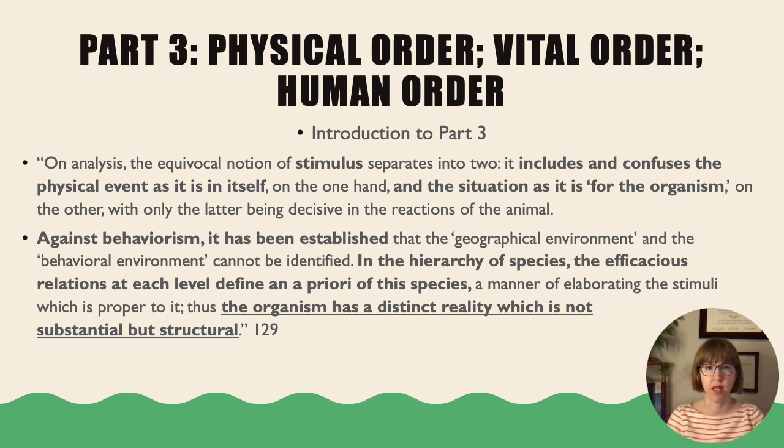Against behaviorism, it has been established that the geographical environment and the behavioral environment cannot be identified. In the hierarchy of species, the efficacious relations at each level define an a priori of this species, a manner of elaborating the stimuli which is proper to it. Thus, the organism has a distinct reality which is not substantial, but structural. Again, the title, Structure of Behavior, this concept of structure.